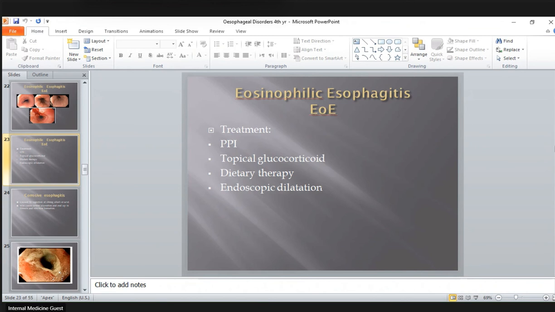If the patient has dysphagia, then endoscopic dilatation may help, and then diet exclusion therapy. It has been found that exclusion of certain types of food in patients' diet may help to improve this condition.